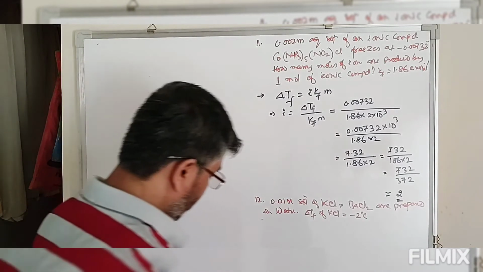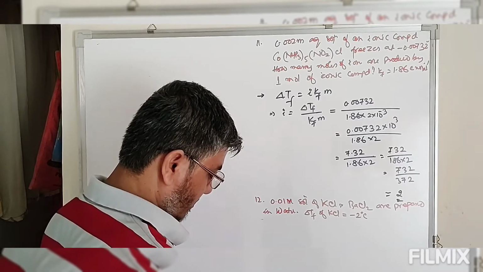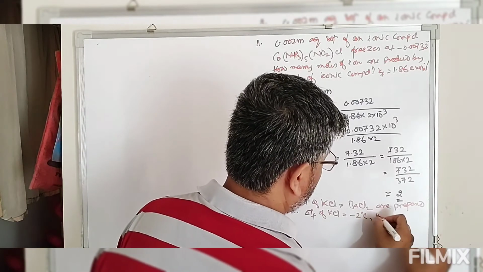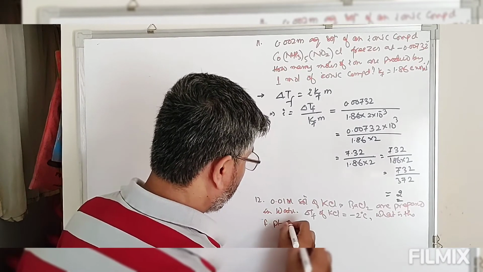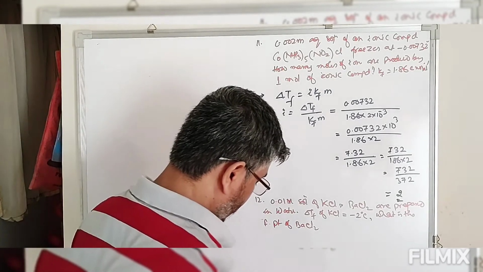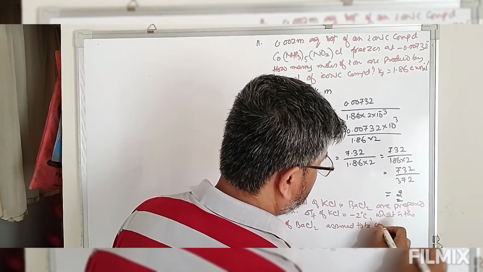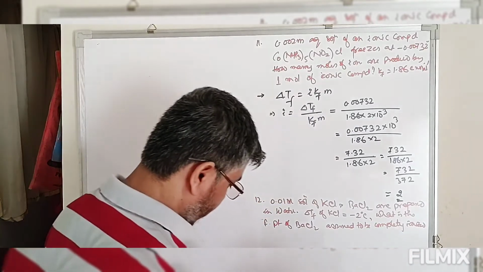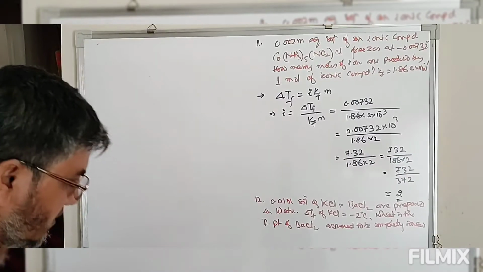What is the freezing point of the barium chloride solution, assumed to be completely ionized, if Kf of water is given? So the concentration is the same.